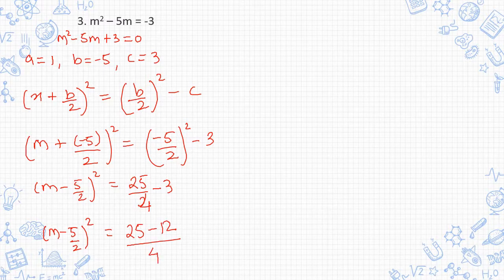We'll simplify this further. So this will be m minus 5 upon 2 the whole square is equal to 25 minus 12, which will give you 13 upon 4.